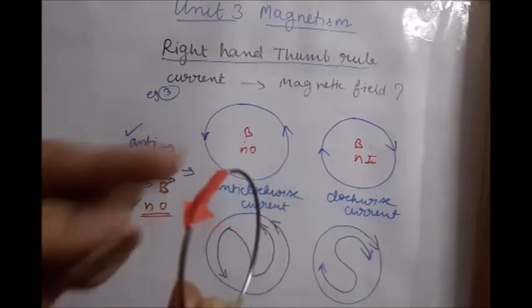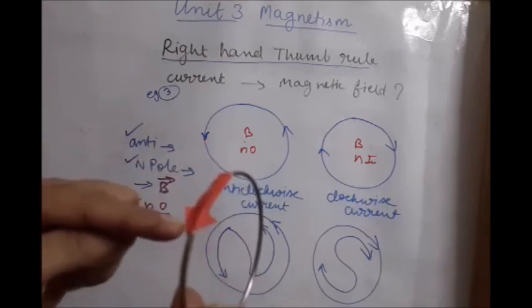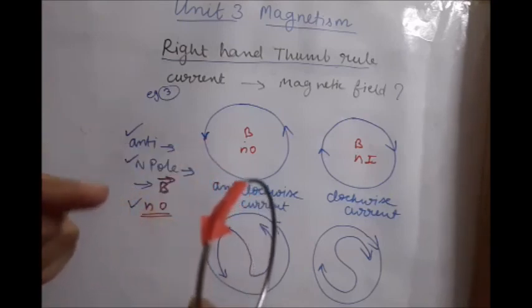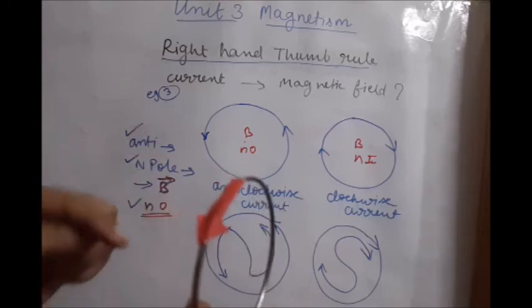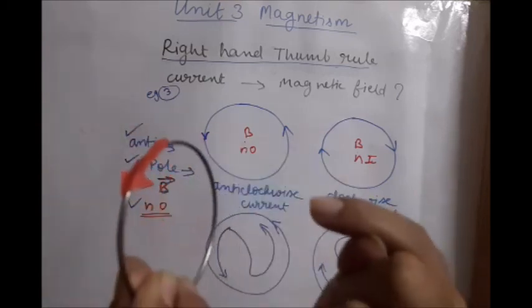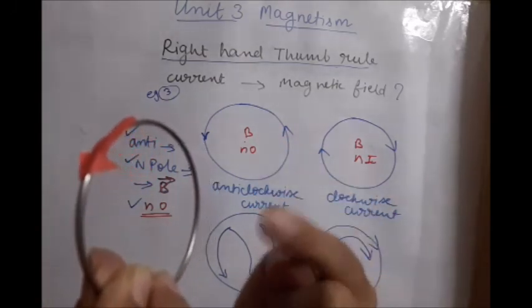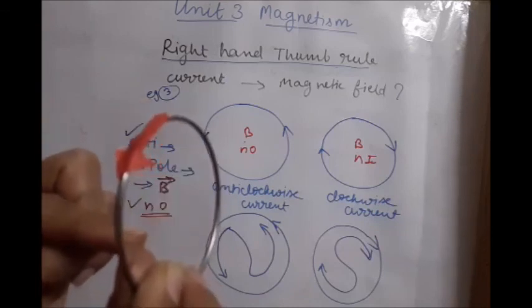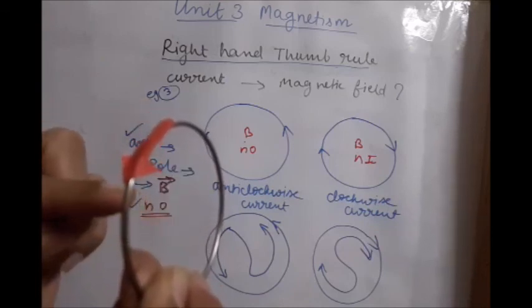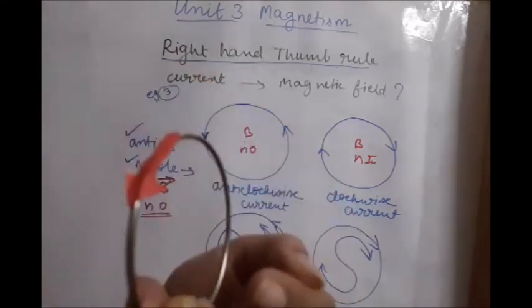If I take a current in the wire, then from here if I see from the front, I may see its direction as clockwise, but if I see it from the back, then the direction of the current will become anti-clockwise. So for the same current, the front side and the back side are two opposite poles.